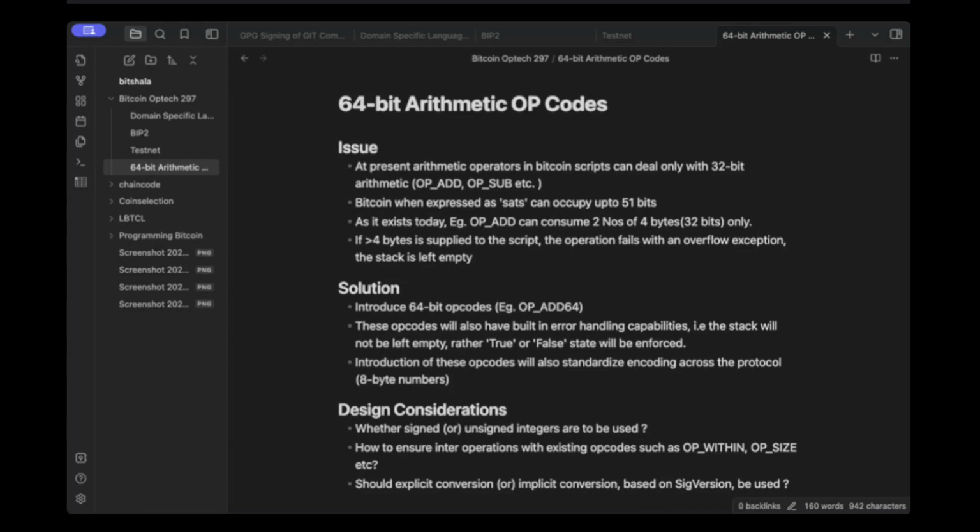If that's the case, then having 64-bit arithmetic will definitely help script writers. Script writers can be a little bit more expressive instead of being constrained with 32-bit arithmetic. So that's the whole motivation in this PR. Right.